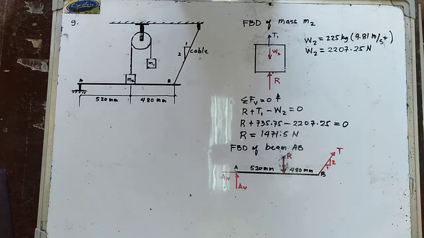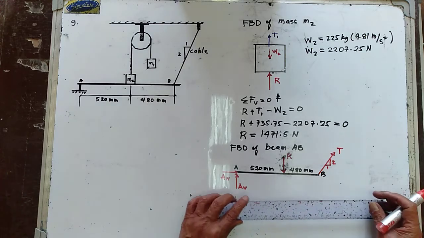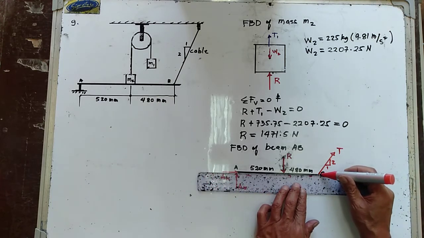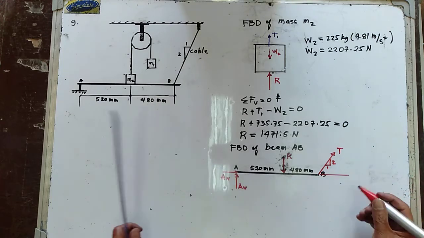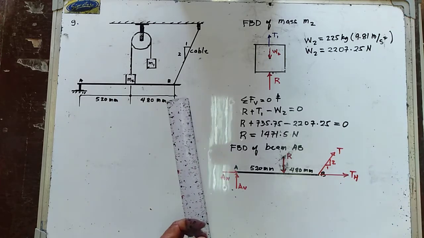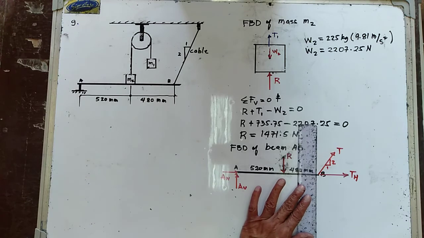Let us try to resolve the component of the tension in the cable into horizontal and vertical component. This is now your T horizontal, and this one is now your T vertical.